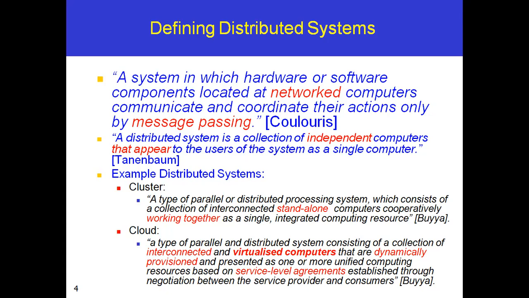Next point. This is the distributed system definition according to our textbook. A distributed system is a collection of independent computers, independent meaning autonomous computers, that appears to the users of the system as a single computer.